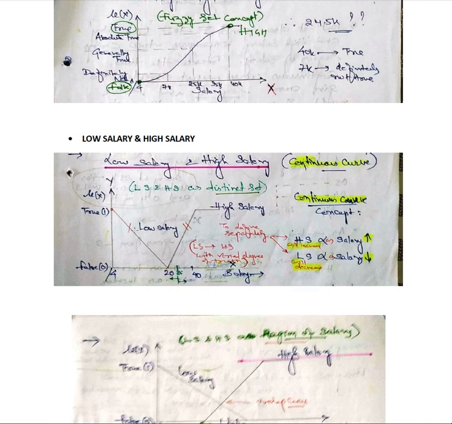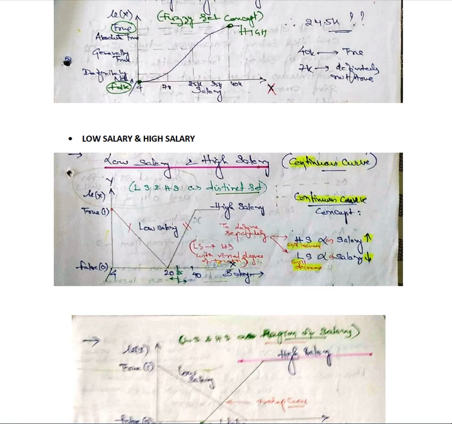I have put low salary in terms of this plot, but we can take an example like this: a government is giving an incentive or allowance such that those who have a salary of 4k will get an allowance of 1, and those who have 20k will get no allowance. Those in between 4k and 20k will get a 50% allowance. That way also you can treat it.